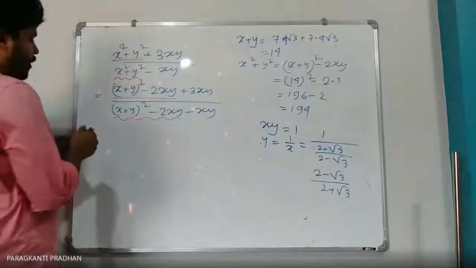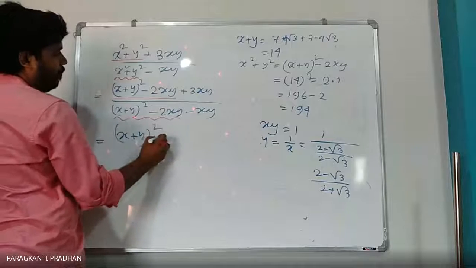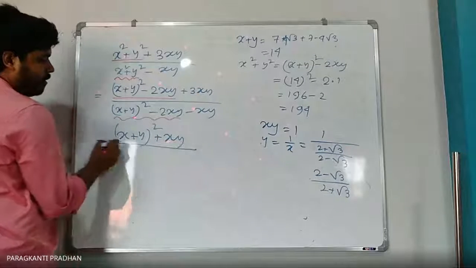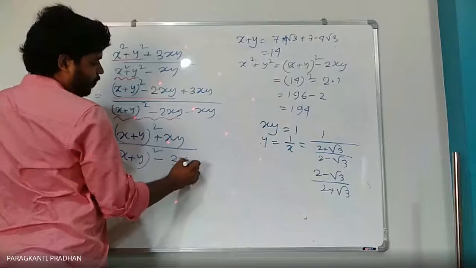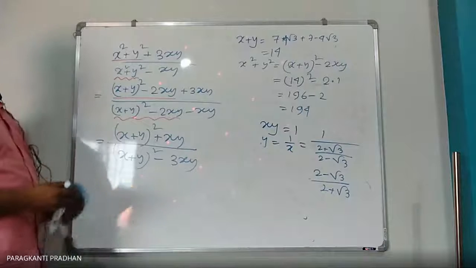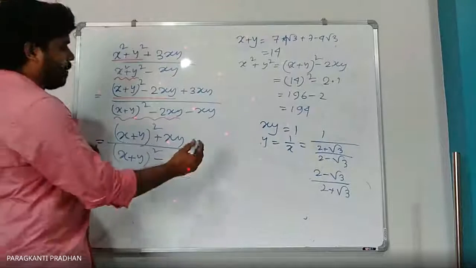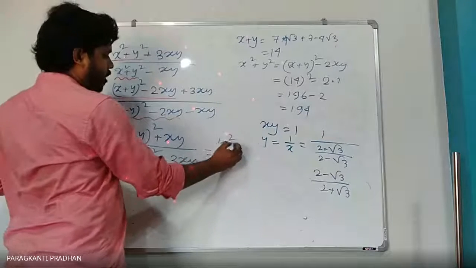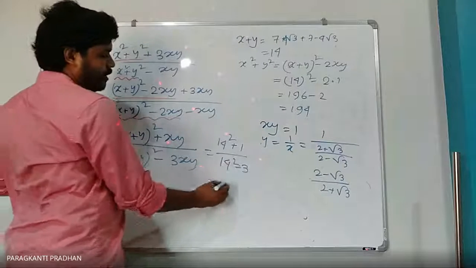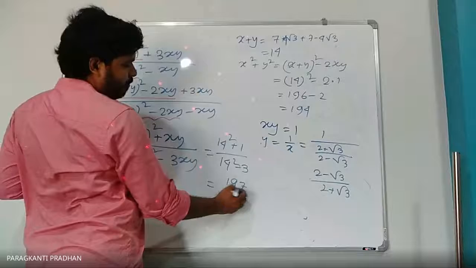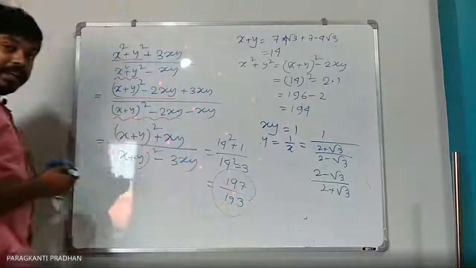Then you write x plus y whole square plus xy, then x plus y whole square minus 3xy. Okay, then just put in the values. This is 14 square plus 1 by 14 square minus 3. So this is 197 by 193, that is the answer. I think clear.